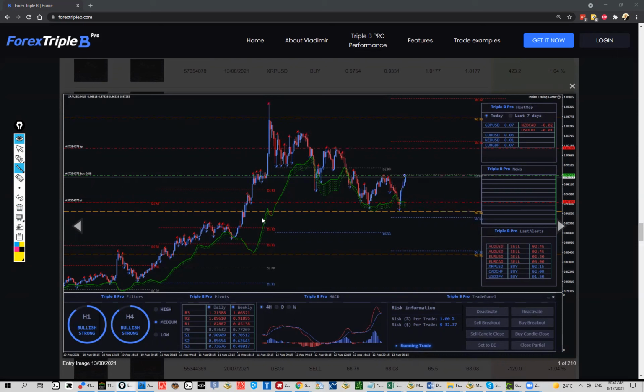The only concern I might have in this case is whether this is an impulsive structure or not. If I conclude that this is an impulsive structure, I will be careful with something like this.